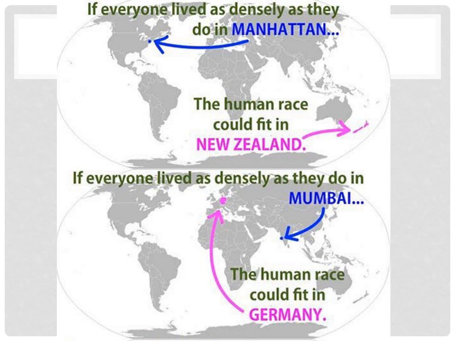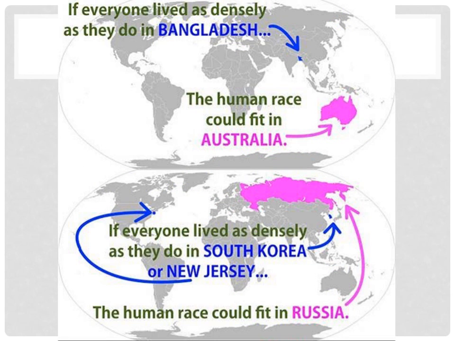Everyone could fit into Germany. Bangladesh has 1,236 people per square kilometer. Everyone would be able to fit into Australia. South Korea, New Jersey, about 500 people per square kilometer. Everyone would fit into Russia, all 7 billion of us.